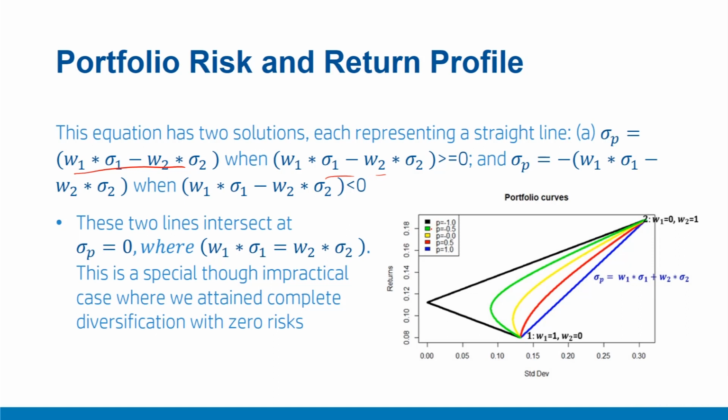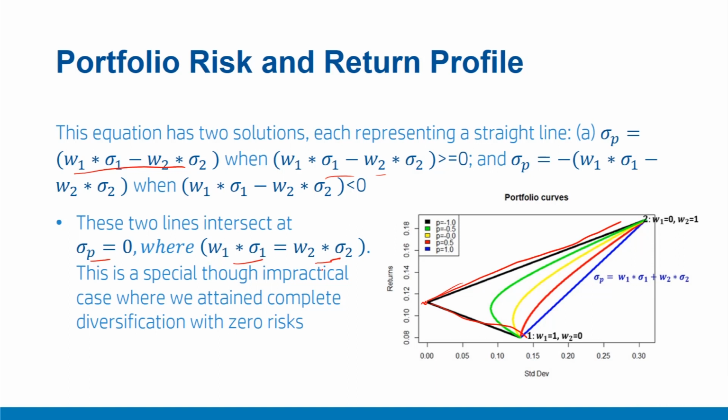So sigma p equals W1 sigma 1 minus W2 sigma 2 when W1 sigma 1 minus W2 sigma 2 is greater than or equal to 0, and sigma p equals minus W1 sigma 1 plus W2 sigma 2 when W1 sigma 1 minus W2 sigma 2 is less than 0. These two line segments are represented by this black line and the other black line, and these two lines intersect at sigma p equal to 0, where precisely W1 sigma 1 equals W2 sigma 2.